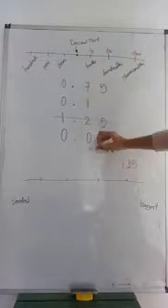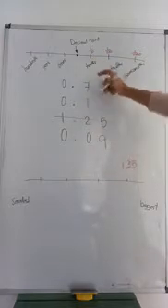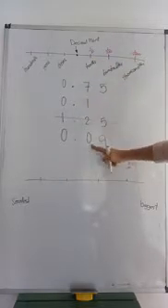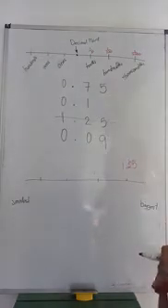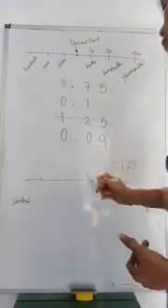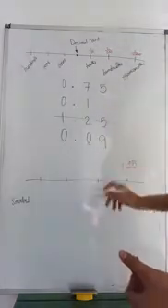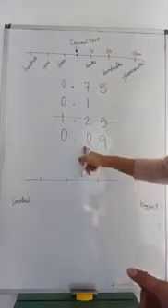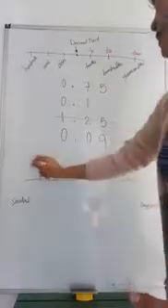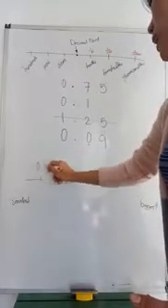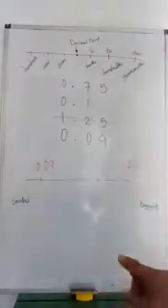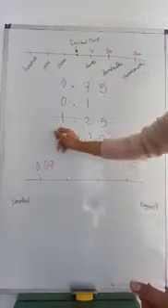First, we check the tenths value, 7, 1, and 0. Now, which number has the smallest value? 7, 1, or 0? As you can see, it's 0 because that's the smallest. So we can say that 0.09 is our smallest number. You can cross that out.